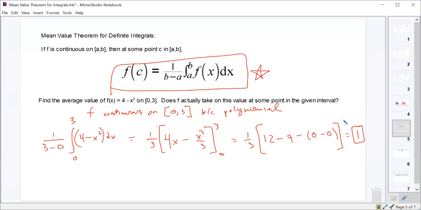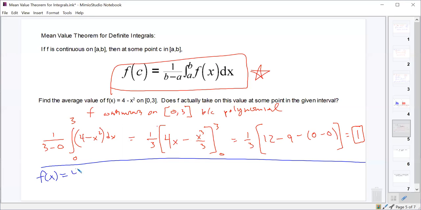Cool. The second part of this question is, does our function f actually take on this value somewhere on the interval? How would we determine if our function equals 1? We set f of x, which is 4 minus x squared, equal to 1.